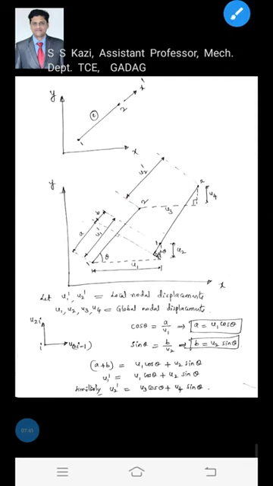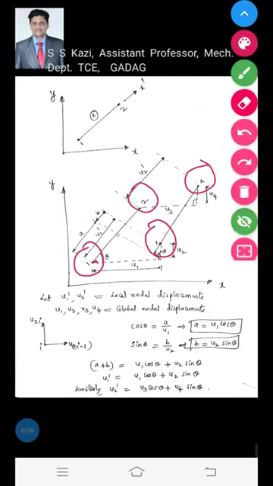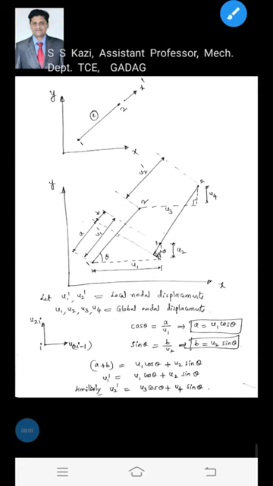Now, what are the local displacements? Local displacement is along the element. Node 1 will attain a new position here due to the load applied, and node 2 will attain a new position here. Local coordinate is represented by x dash and displacement is represented by u.